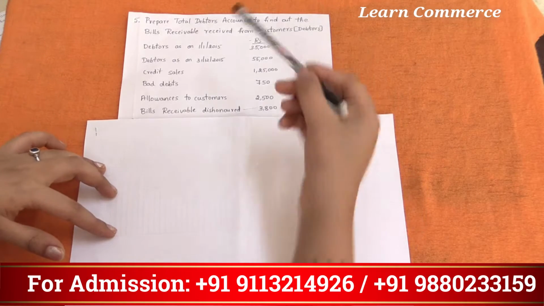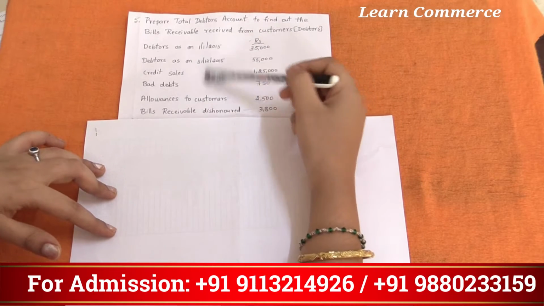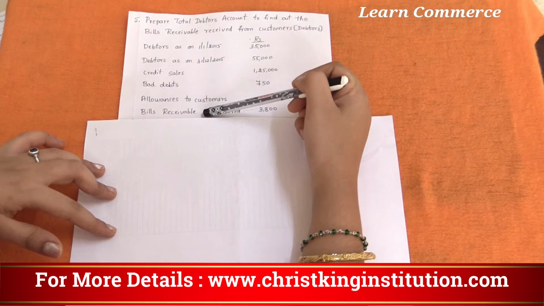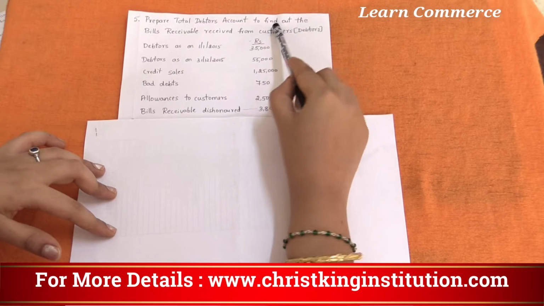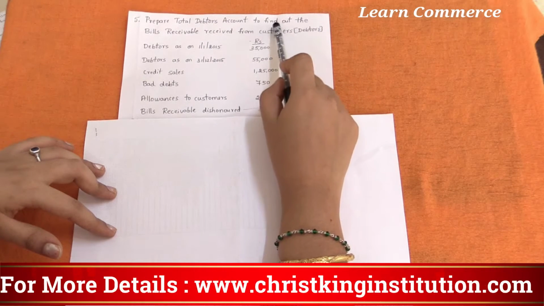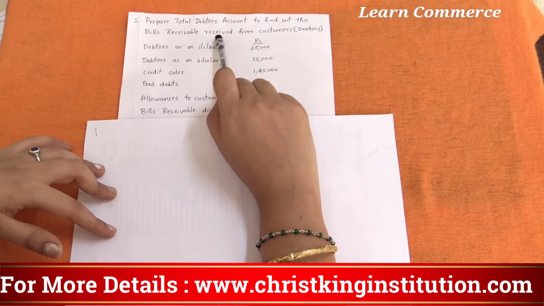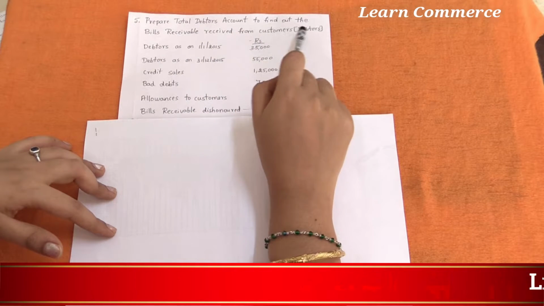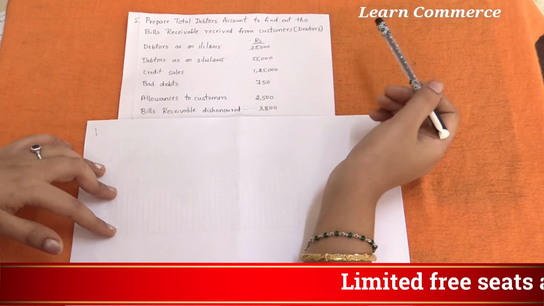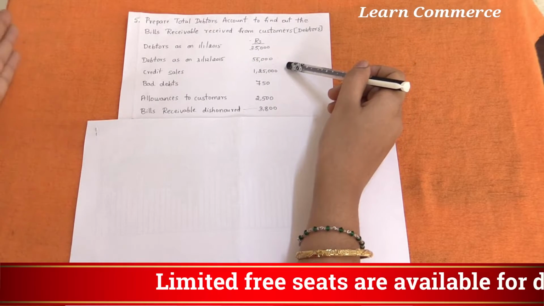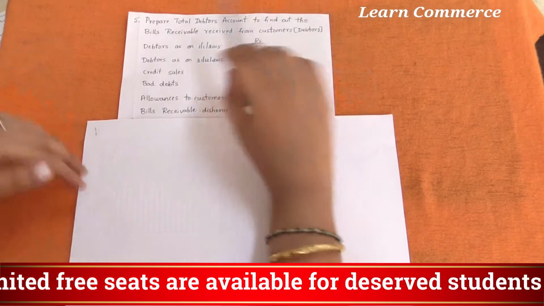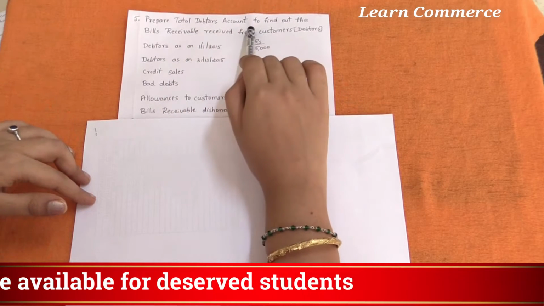All this information is related to debtors. And in the question, they asked to find out the bills receivable received from customers, that means debtors. So we came to know this is related to total debtors account, and here it is given: prepare total debtors account.